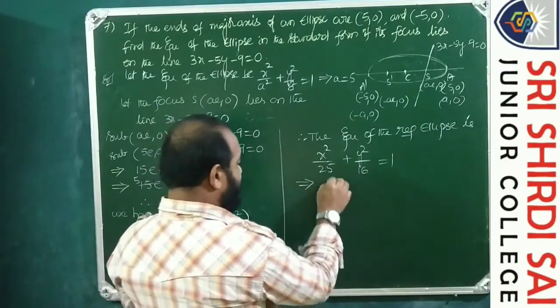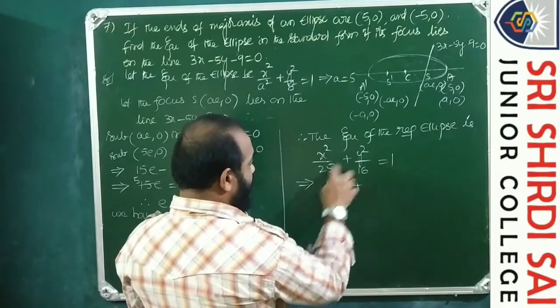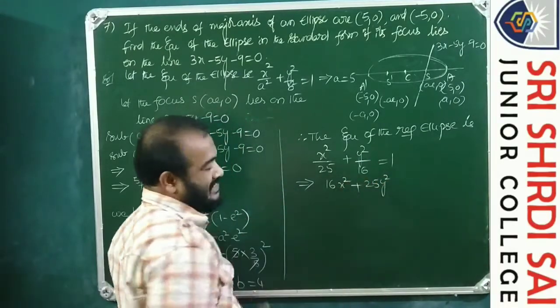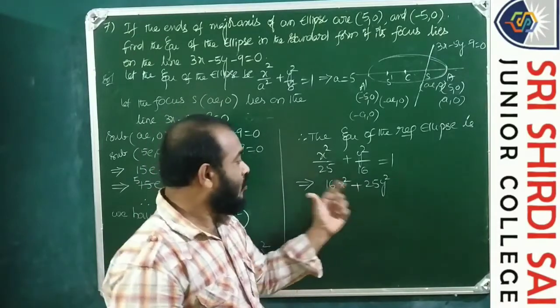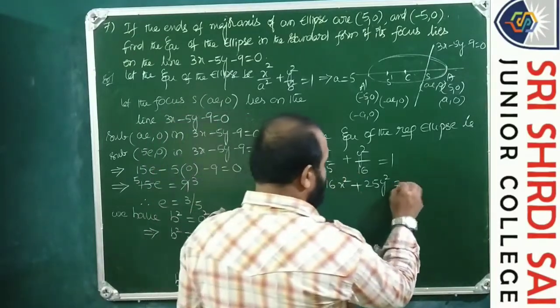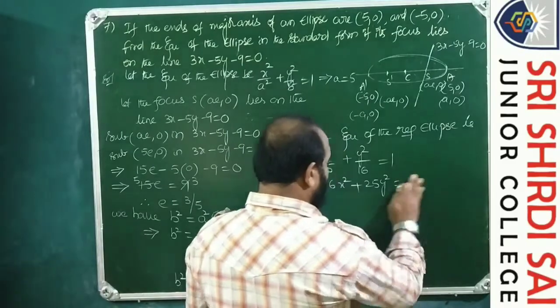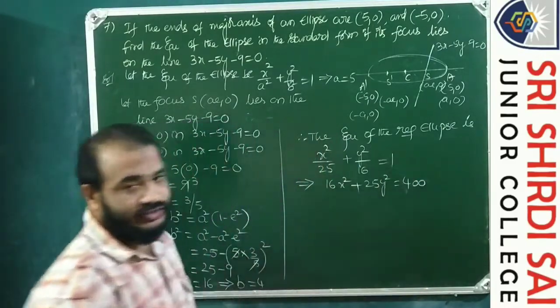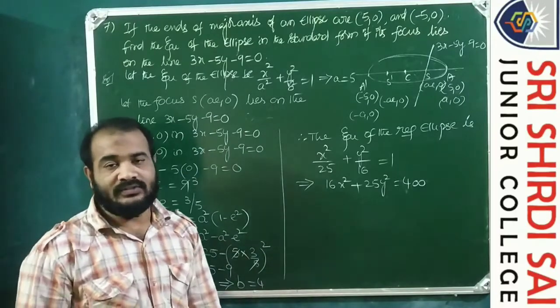So this is 16x square plus 25y square by 25 into 16 is the LCM. 25 sixteens is equal to 400. That is the equation of the required ellipse.